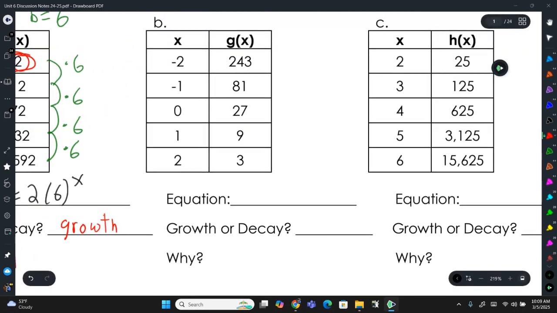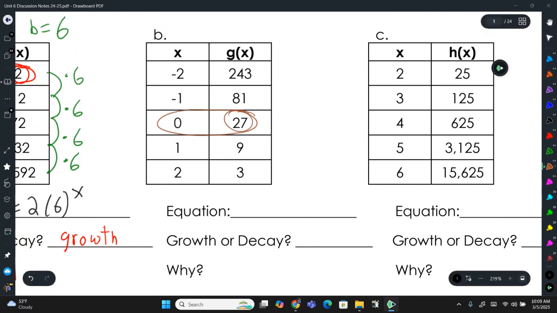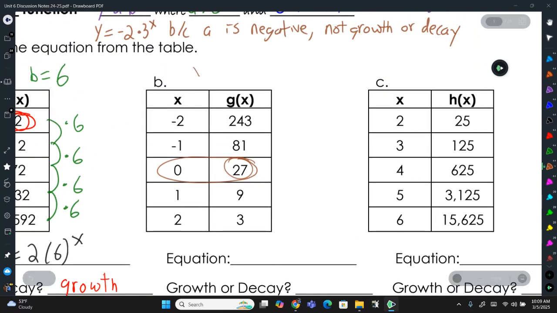All right, our second example, our a value is 27 because when x is 0, g of x is 27, so we're going to write down 27 as our a value. So a equals 27. Now what's happening to our y values each time?